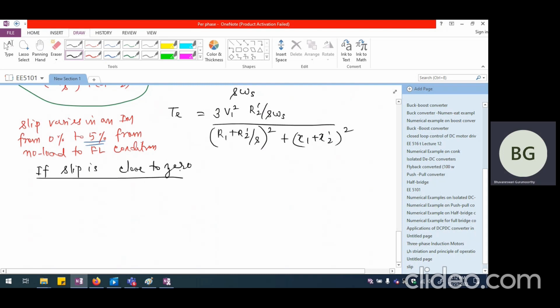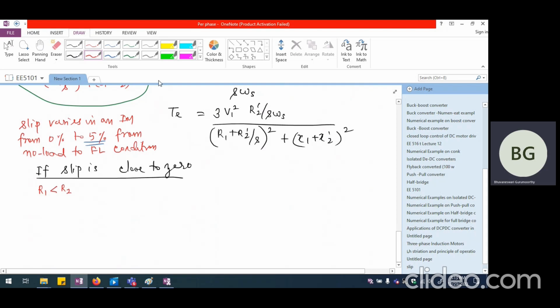If slip is close to 0, we can say R1 is going to be much less than R2 dash by S, because R2 dash divided by 0.04 or 0.05 is going to multiply R2 dash by a factor of 20 or 25.